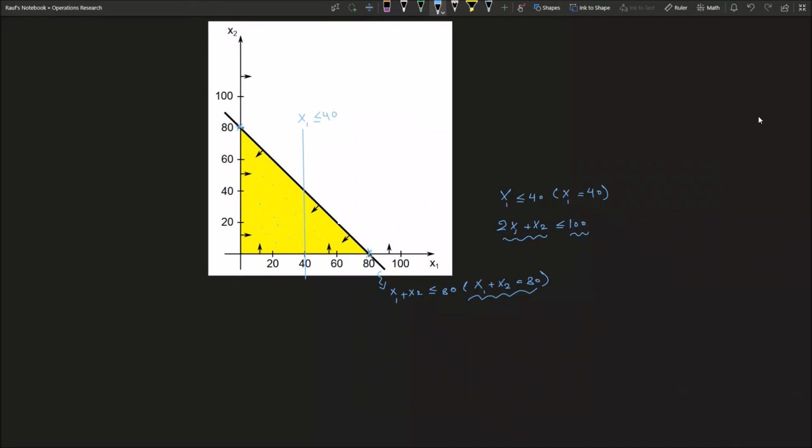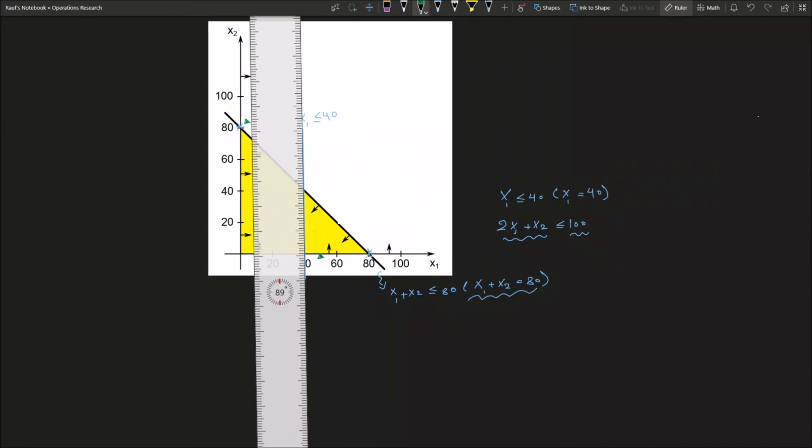If we do that, let's use the green here, we will find the starting point to be at 80 on the y-axis, and the end point, or the start point, that's a relative topic, the end point will be somewhere at 50.